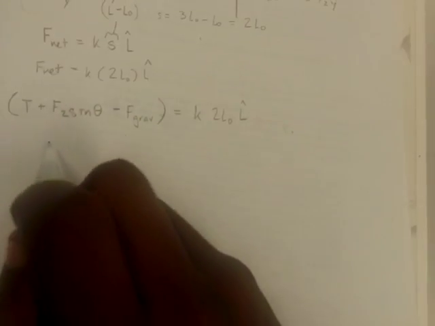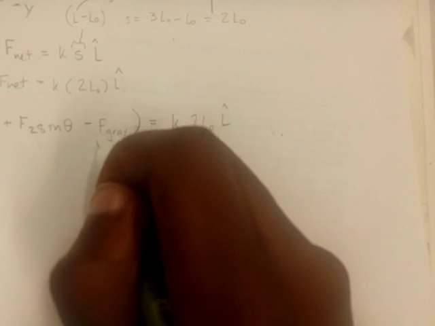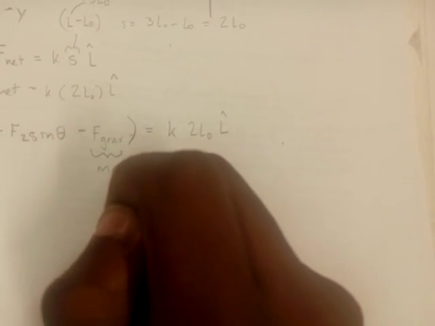So, let's see where we're at. All right, we're solving for T. So we're going to find that T, oh, and we know that we're dealing with the mass m, so we'll say mg here.